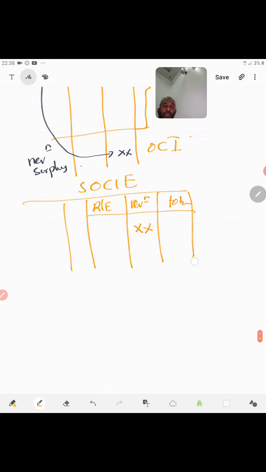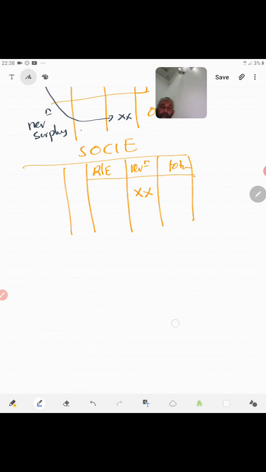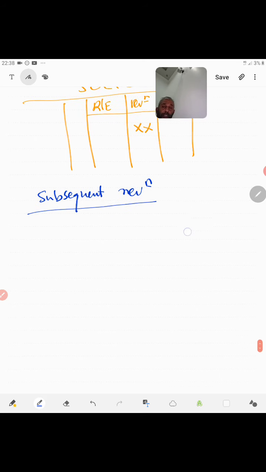Fine. Now we need to understand if there is any possibility that we have a subsequent revaluation. If we have any subsequent revaluation, what will then happen? Now follow this.